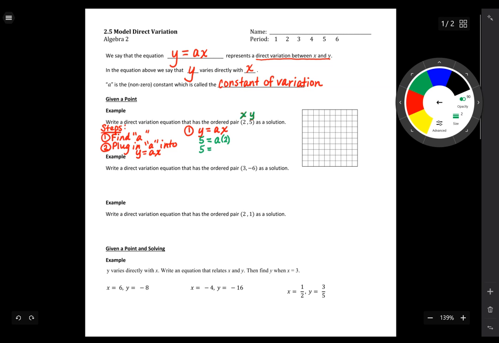So 5 equals 2a. Divide by 2, divide by 2. A equals 5 over 2. That is not our direct variation equation. Our direct variation equation is going to show a relationship between x and y. So y equals 5 halves x. Replace only the a back in, and that was step 2.